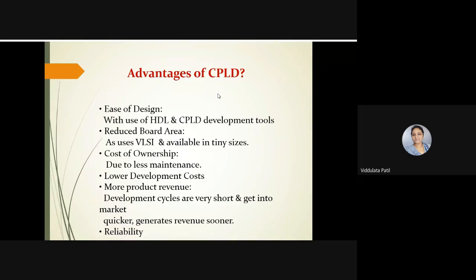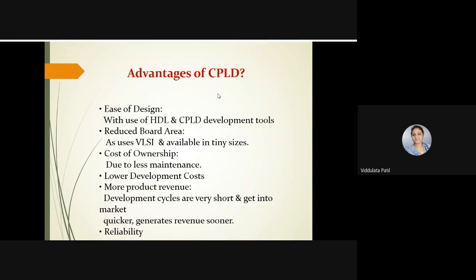Because of that, we can get more revenue from the product, as the development cycles are very short, and it can get into the market quicker, so it generates revenue sooner. Whatever application you are implementing can be done in a very short period of time.